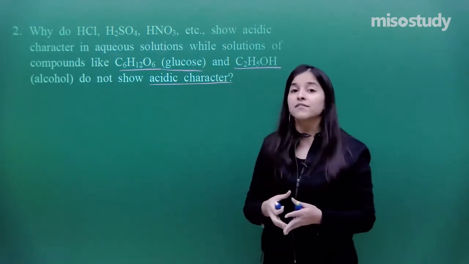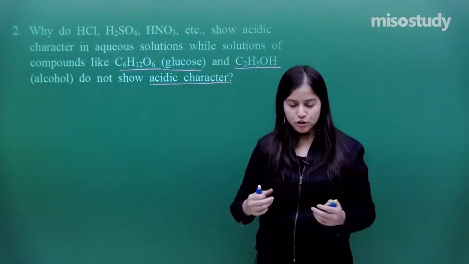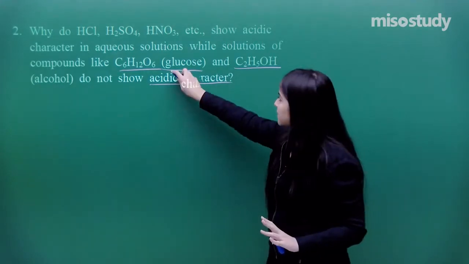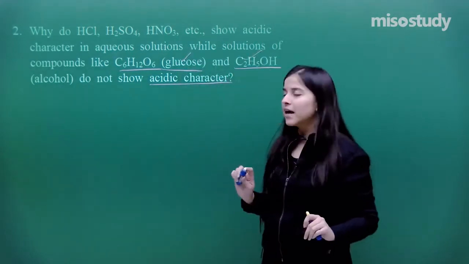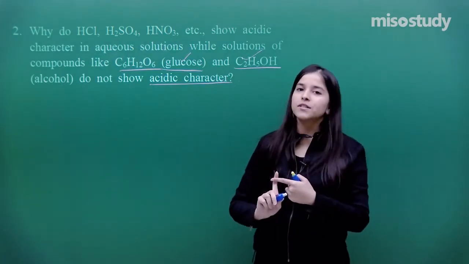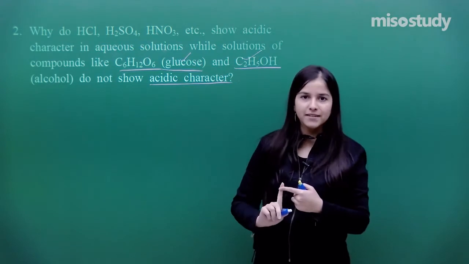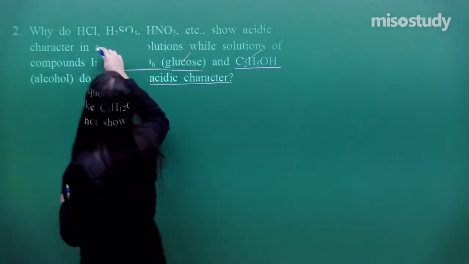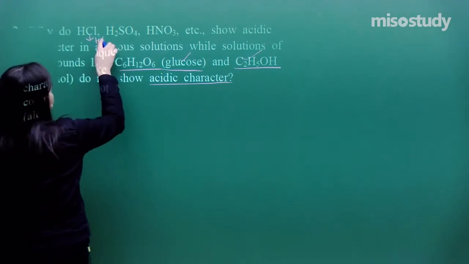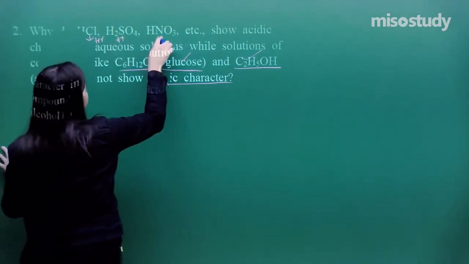They must have studied the acidic character through maybe some indicator, but they did not get any results in the case of glucose and alcohol. So what is responsible in an acid to show that acidic character? It is the H positive ions. Whenever we dissolve HCl in water, it gives H positive, and here also it gives H positive.